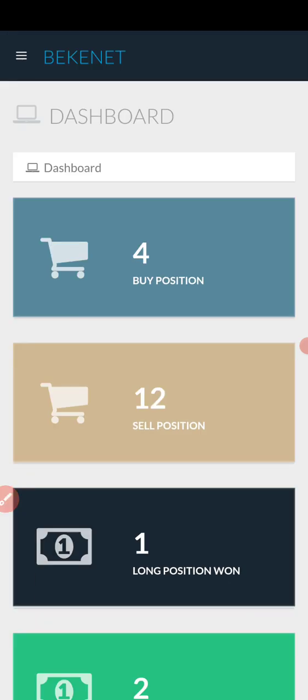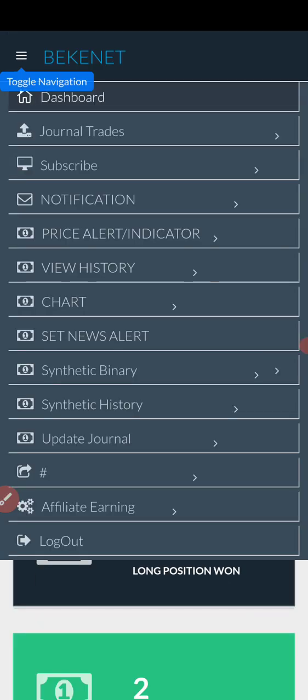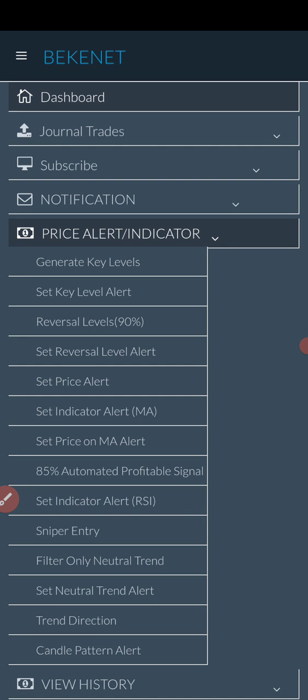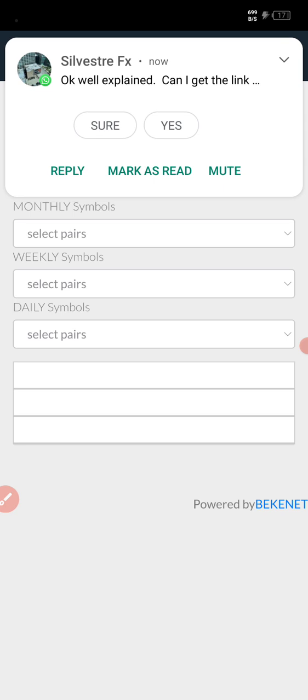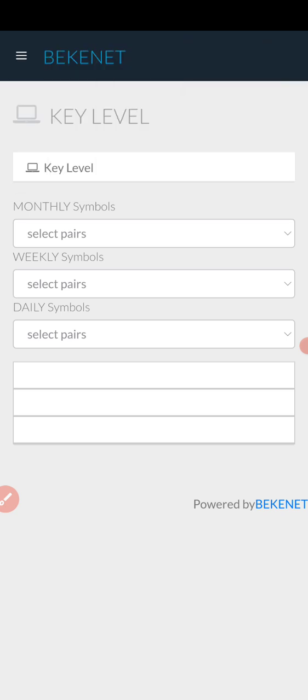Now, in the main menu, I'm going to talk about the menu that you can use to generate money. You understand? Now, talking about key level. Key level is an advanced way of trading. It is not for everybody, because there is no fixed formula of what you need to see before you can take a trade.